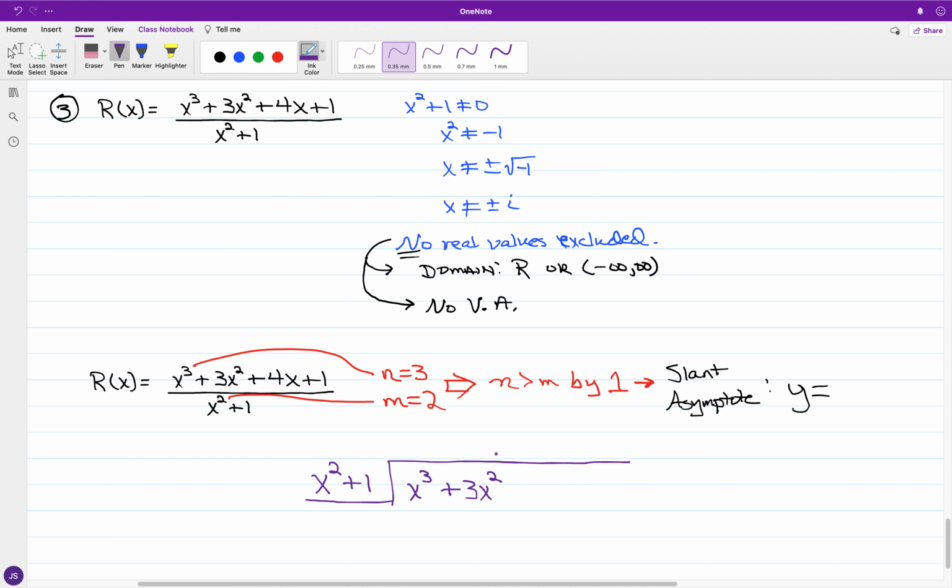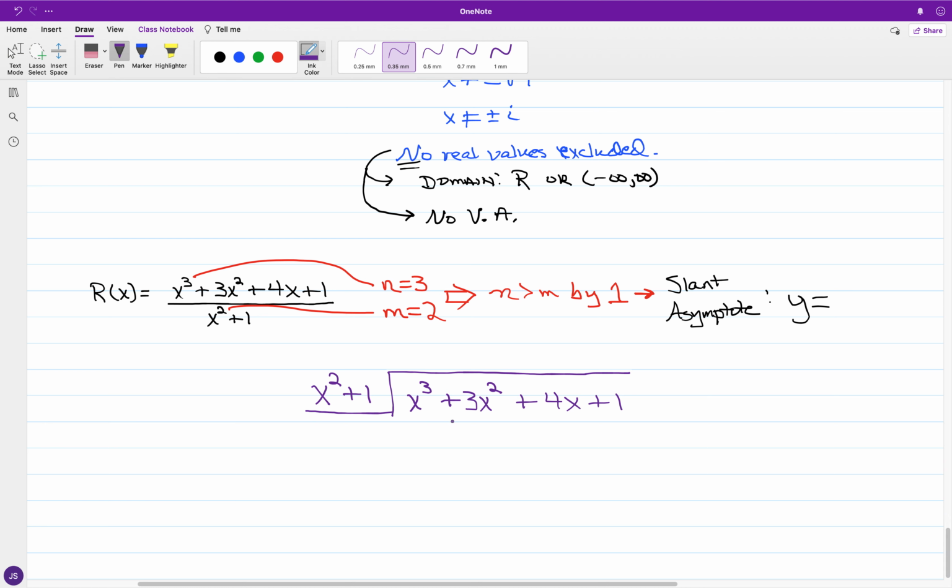So again, we have x cubed plus 3x squared plus 4x plus 1. I don't have any missing degree terms from the dividend. If I take x squared into x cubed, it goes x times, so you have x over x squared plus 1. So this will be x cubed, and x over 1 becomes x.